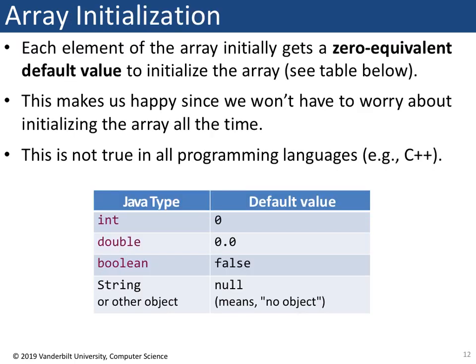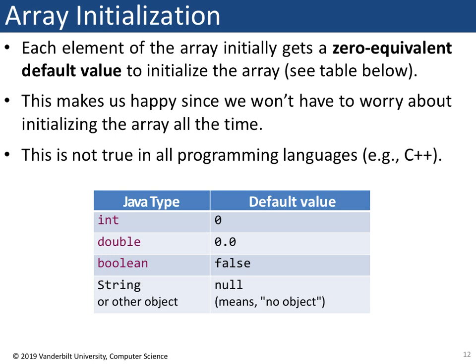So we said whenever we declare a new array, it is initialized with a 0 value when we were dealing with type integer. Interestingly, Java will initialize any type of array to a 0 equivalent value. So if we're dealing with doubles, the initial value of each element will be 0.0.